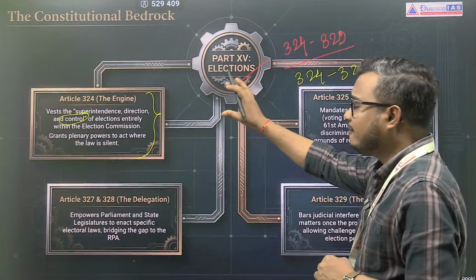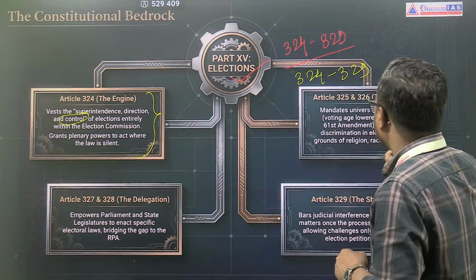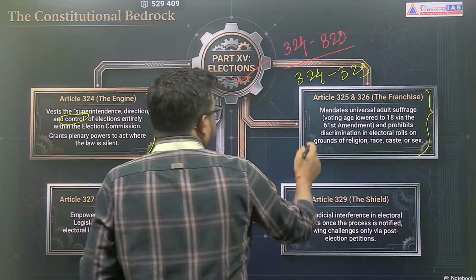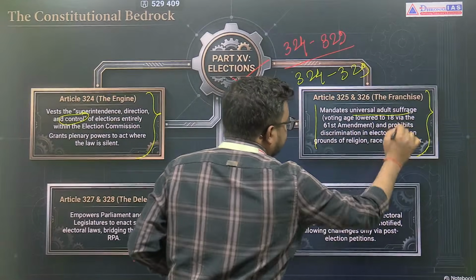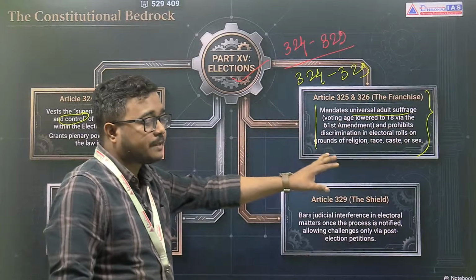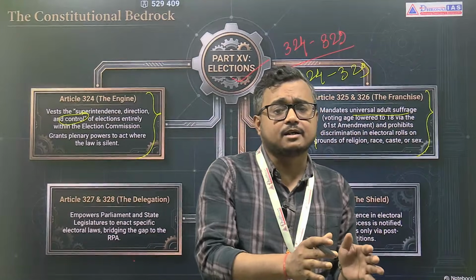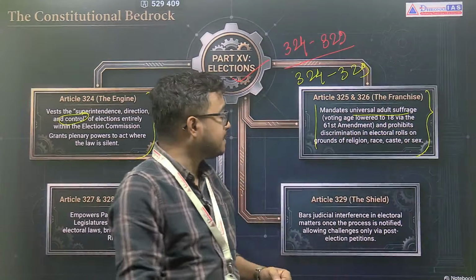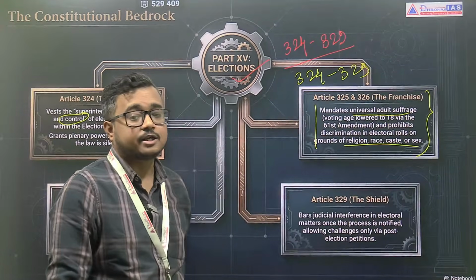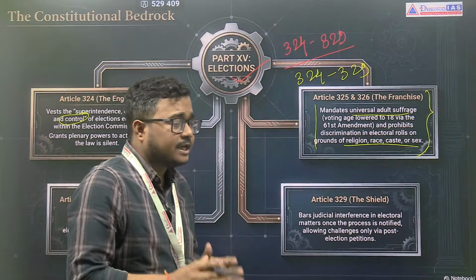That is 324. What about 325 and 326? Article 325 is simply the universal adult suffrage condition: nobody should be prohibited from taking part in the election because of religion, race, caste, or sex.